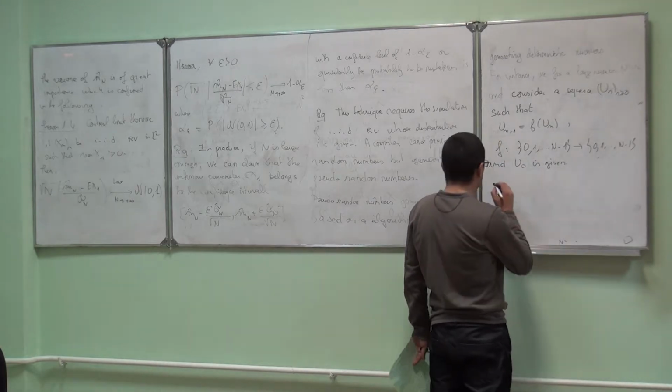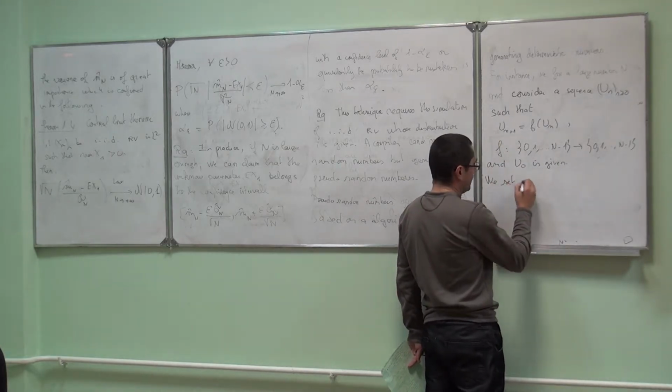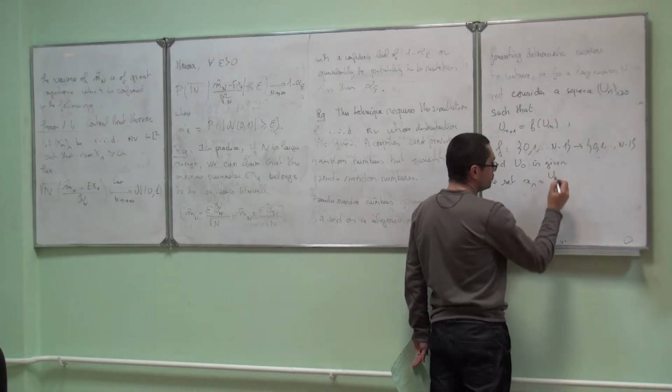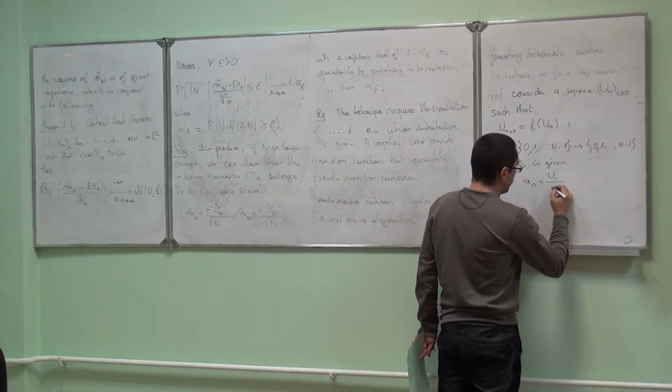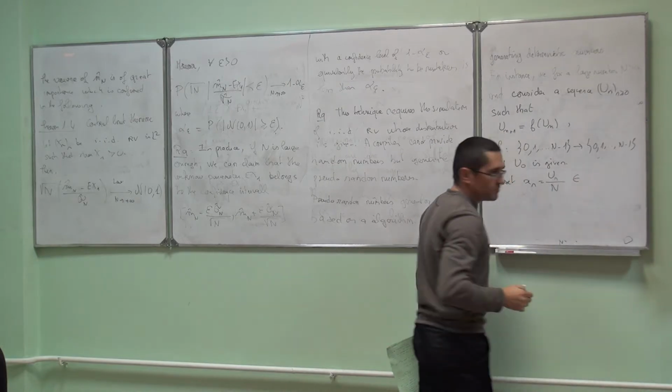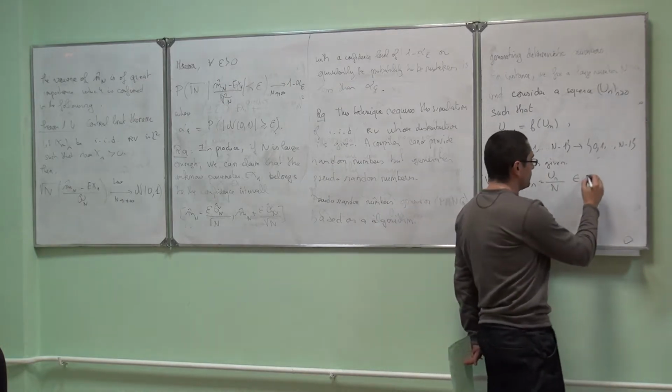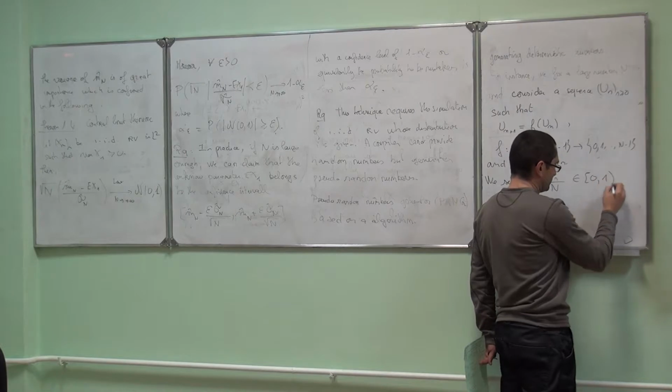And from there, we set X_n equals U_n over N, so that you get some numbers in the interval [0,1], for instance. Okay?